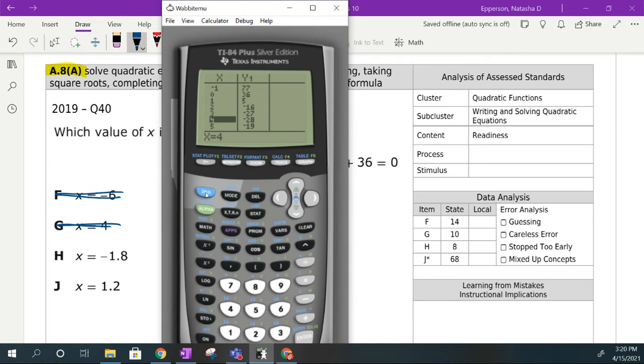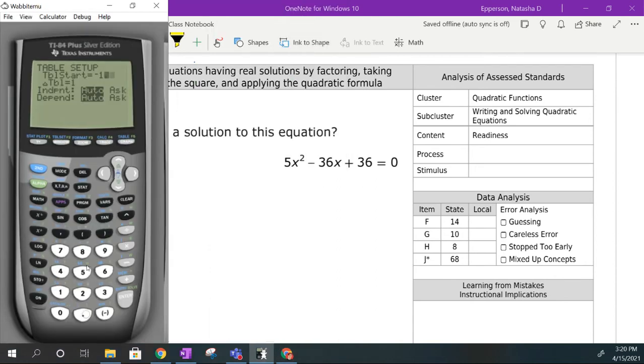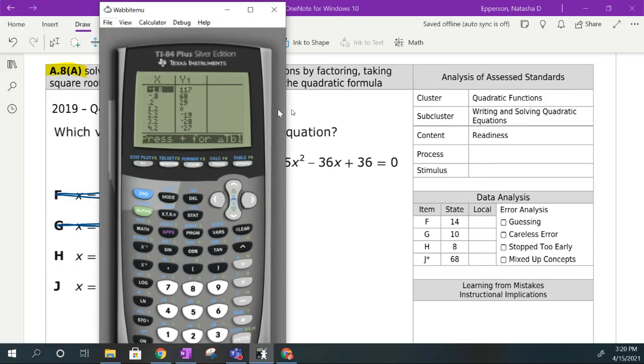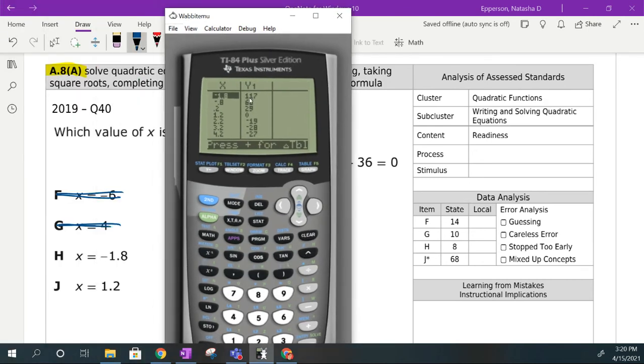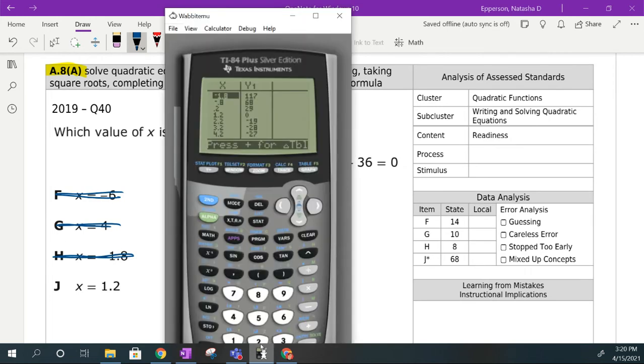So I'm going to go to second window. That gives me this table set here. I'm going to change the table set to negative 1.8. And I'm going to go to second graph. That gives me the y value of 117. So that is also out.